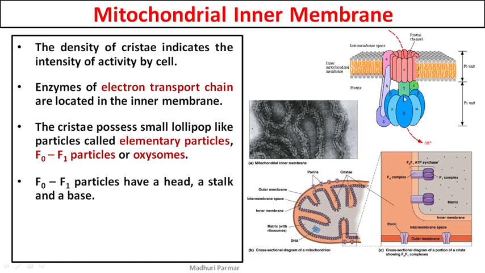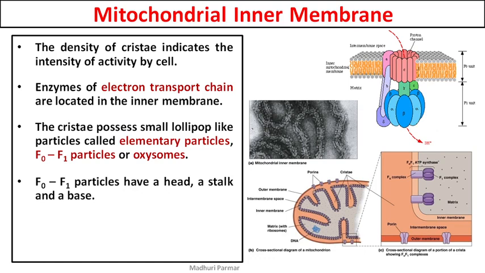Then you have the stalk, which is connecting it to this head. This head actually acts as an ATPase. As the protons move, this base will rotate like a merry-go-round. As the base rotates, the head also rotates, and when the head rotates, it makes ATP from ADP.